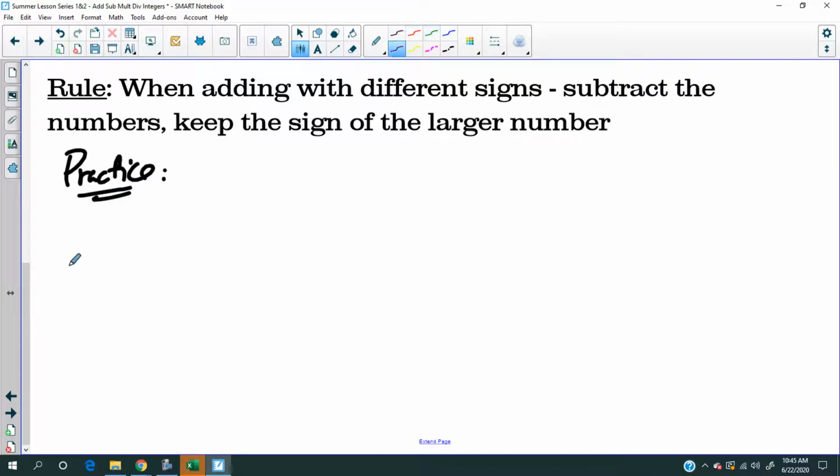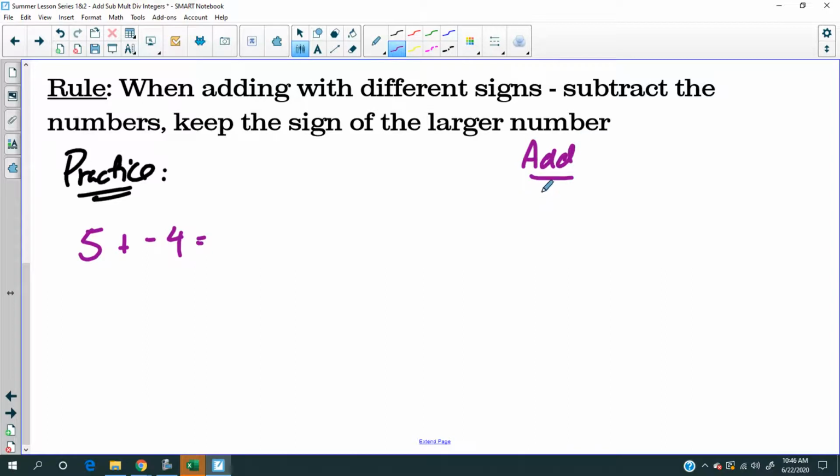Okay, so look at 5 plus negative 4. Let's do 5 of these together. So 5 plus negative 4. So signs are different, right? So your decision-making tree, when it comes to adding, by the way, looks something like this.